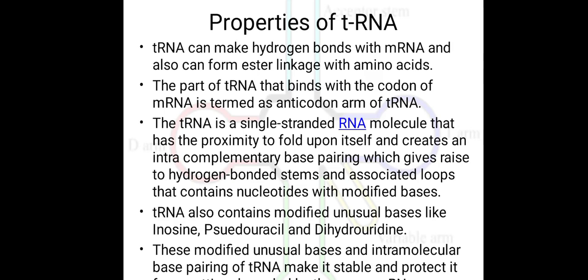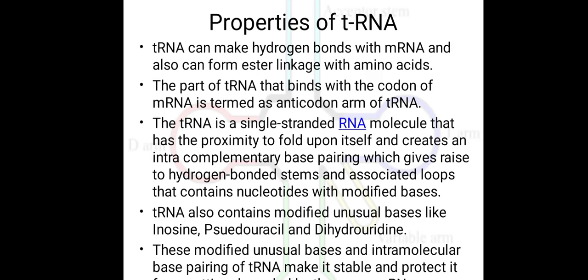The part of tRNA that binds with the codon of mRNA is called the anticodon loop of the tRNA molecule. This tRNA is a single stranded RNA molecule which has the tendency to fold upon itself and create intra-complementary base pairing, which is responsible for giving stem and loop structures which are hydrogen bonded.